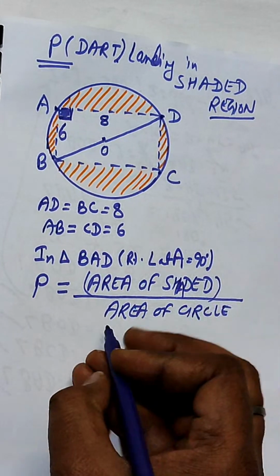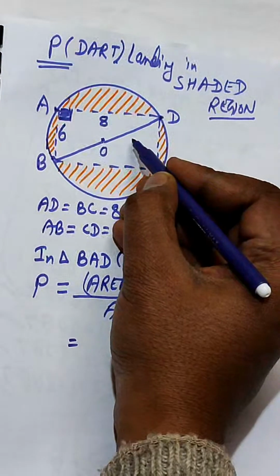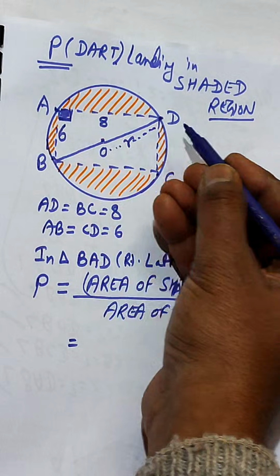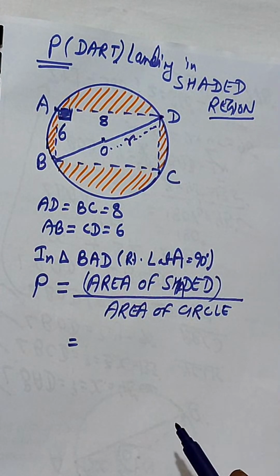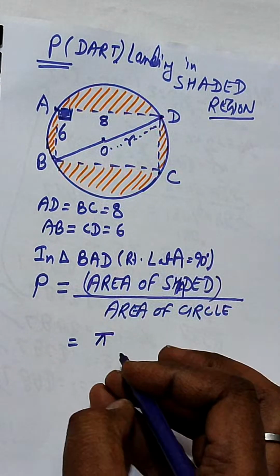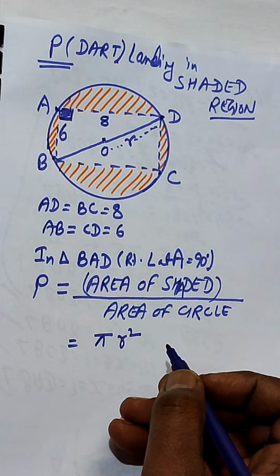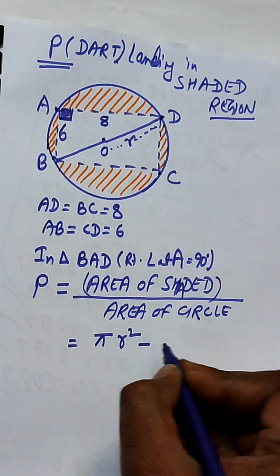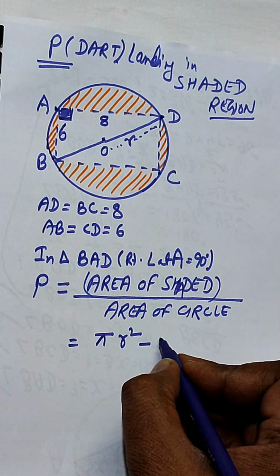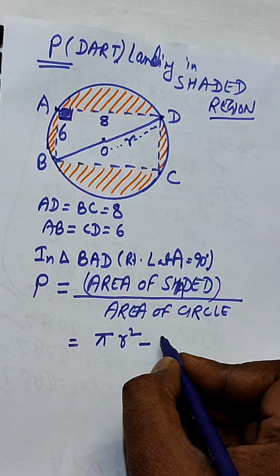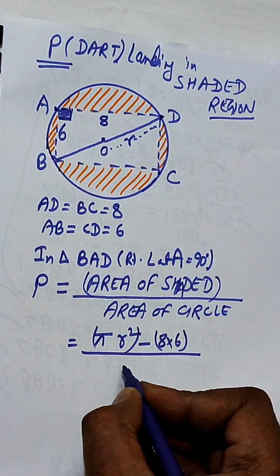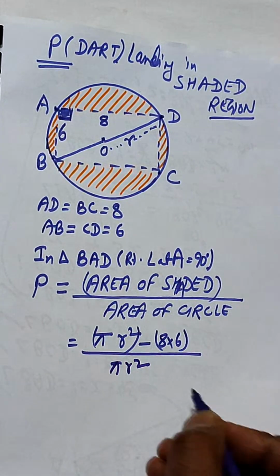Area of the shaded region is calculated as, if this is R radius, then area of the shaded region is pi R square, area of the circle, minus area of the rectangle, that is 8 into 6, divided by area of circle.